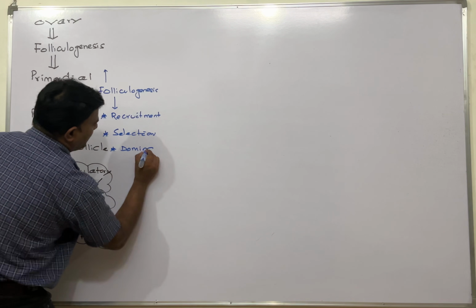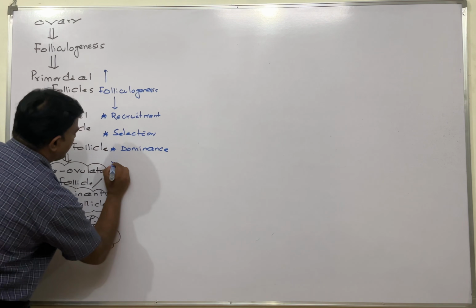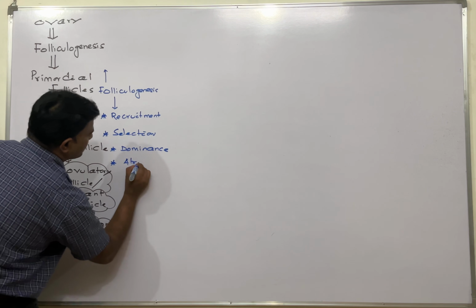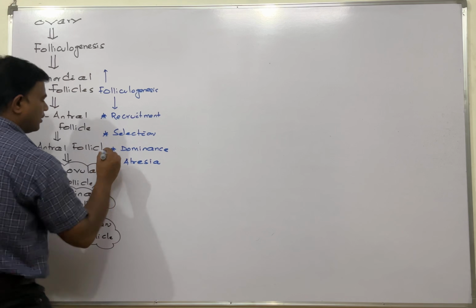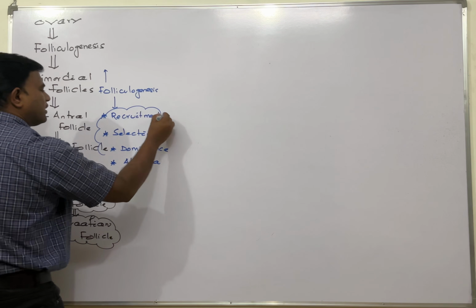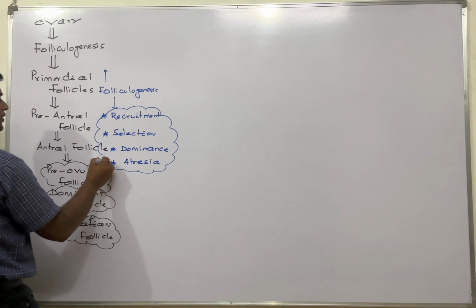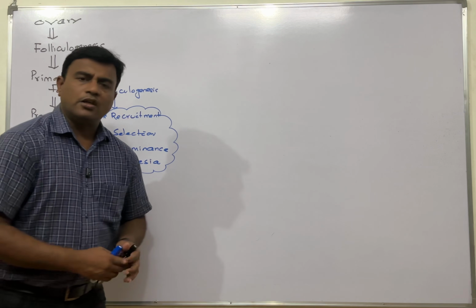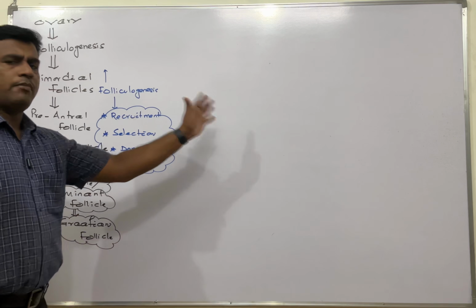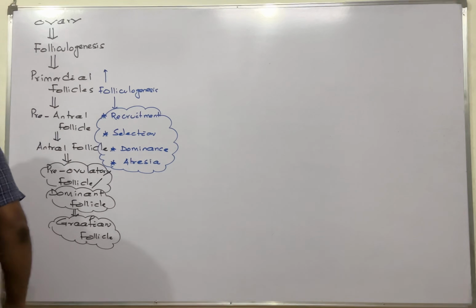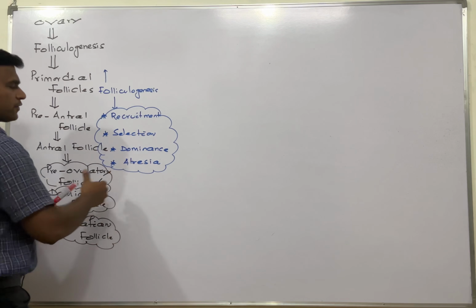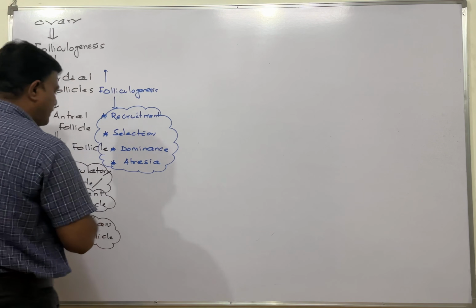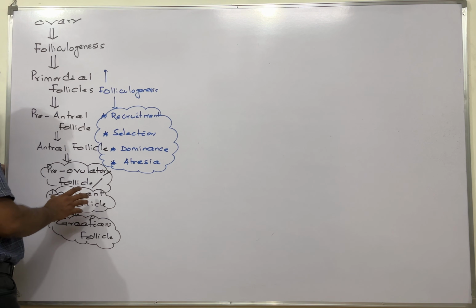They undergo dominance, and some undergo atresia, degeneration. Everything is being given in the form of master lectures. I request you all to visit this channel to see all these lectures in tandem to have a better idea. After this process of recruitment, selection and dominance, a pre-ovulatory follicle is formed.